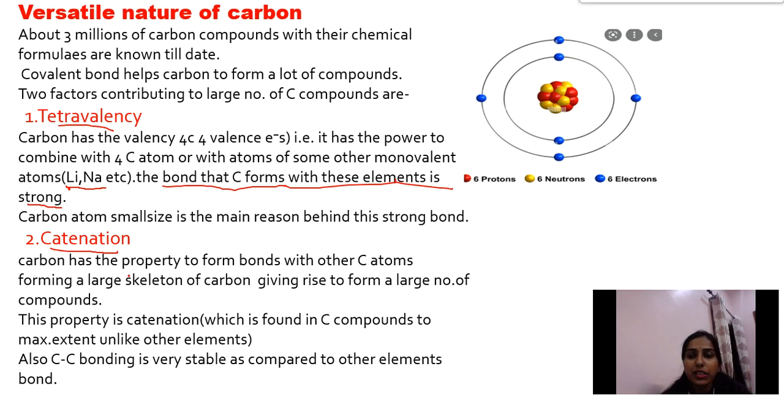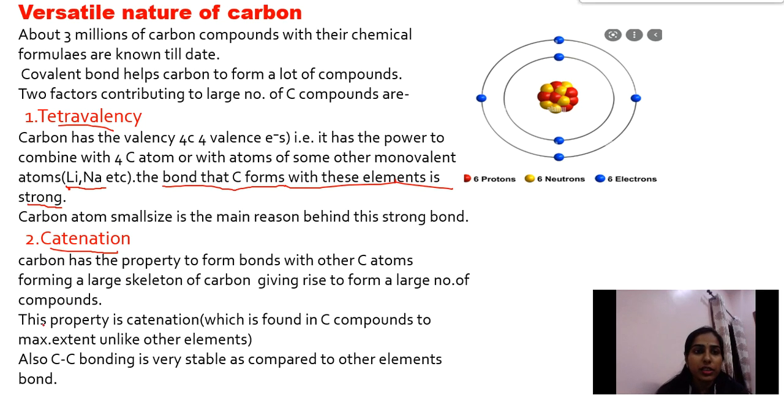Catenation. Catenation is the property by which a carbon atom forms bonds with other carbon atoms in order to form a large skeleton of carbon. In this way, they give rise to a large number of compounds.